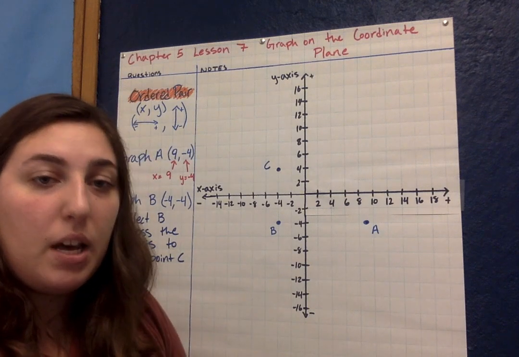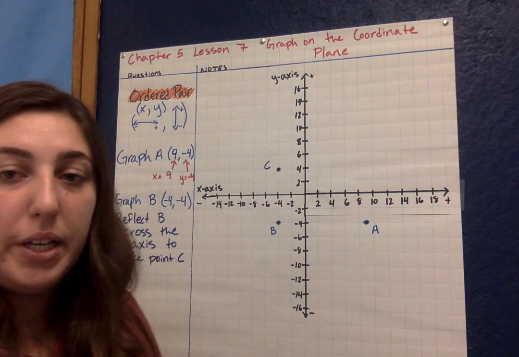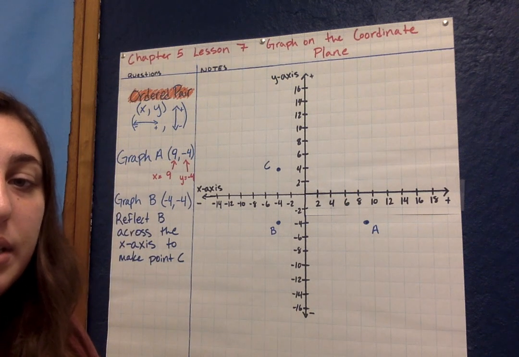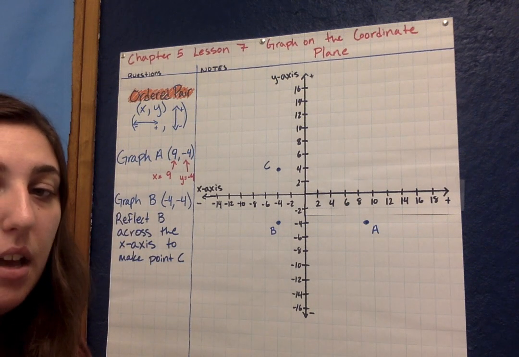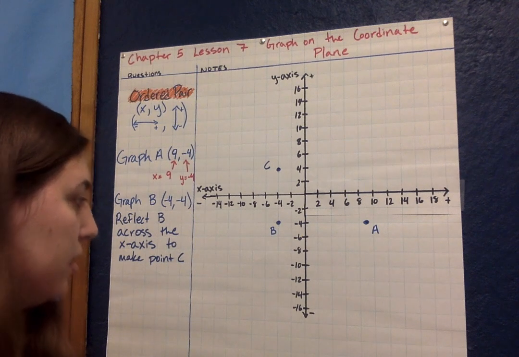All right, now that we've made our reflective point, what we're going to do is connect A, B, and C, and we're going to see what shape it makes.